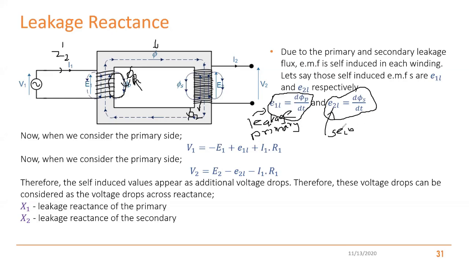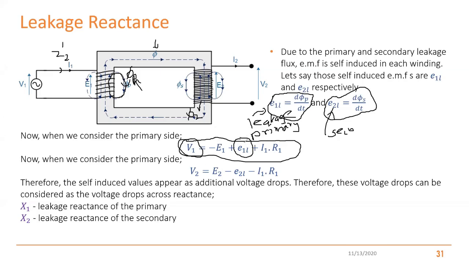Now if you use Kirchhoff's law, for the primary I can write like this: V1 should be equal to the induced EMF in the primary due to mutual coupling, plus the induced EMF in the primary due to leakage flux, plus the voltage drop across the resistor. So you can see that some portion of this voltage appears across like this as well.